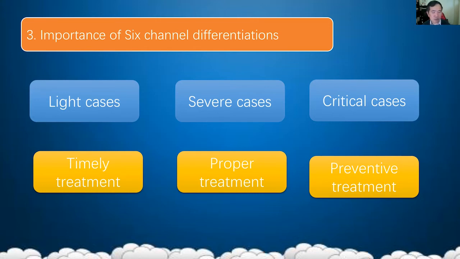So we are going to give you some demonstration. But in any case, 6-channel differentiation is only one of the options to be used. Don't be confused that 6-channel differentiation is applicable for all kinds of situations.